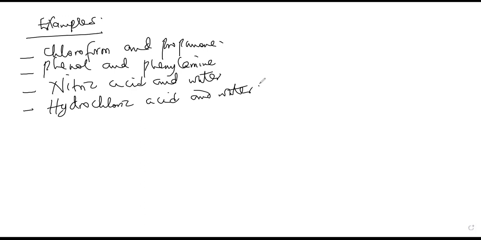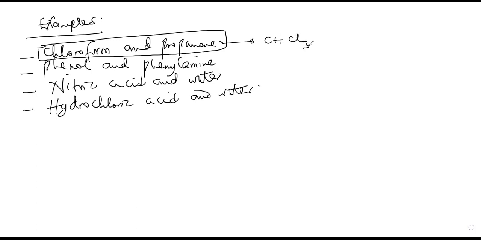Now, I have some attention to draw here on the mixture of chloroform and propanone. Both of these components are polar, whereby chloroform is CHCl3, we call it trichloromethane, and propanone is a ketone, CH3COCH3.